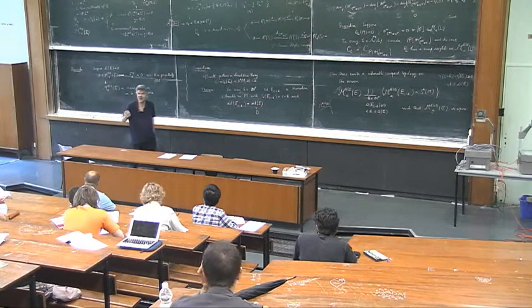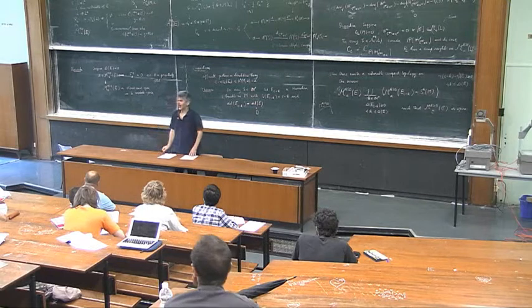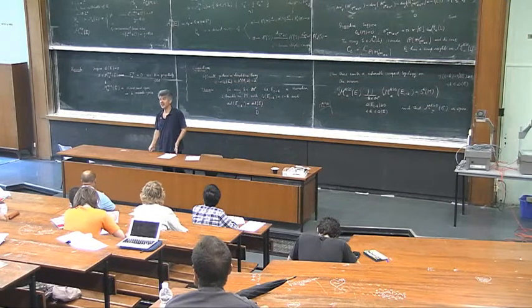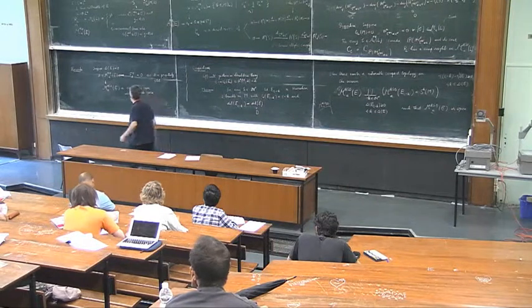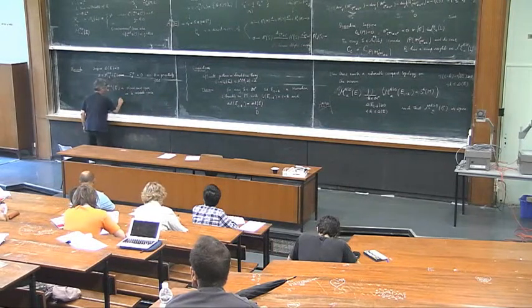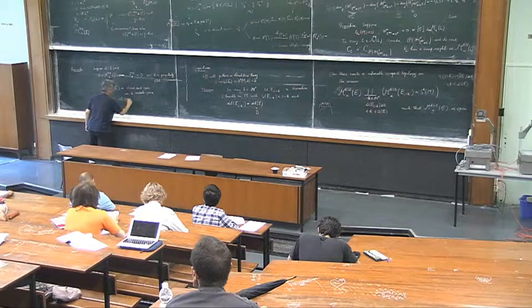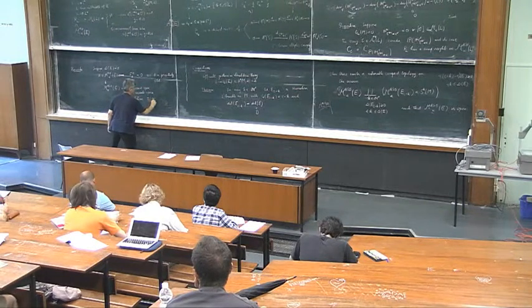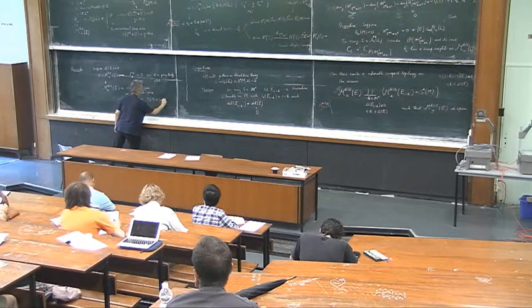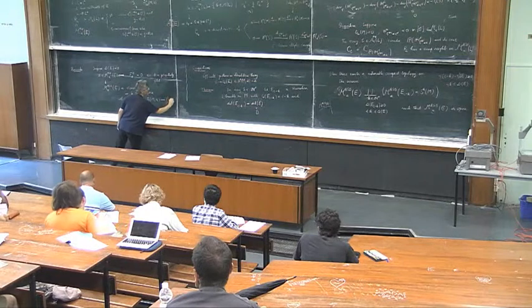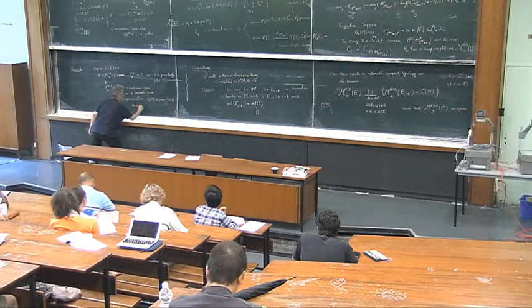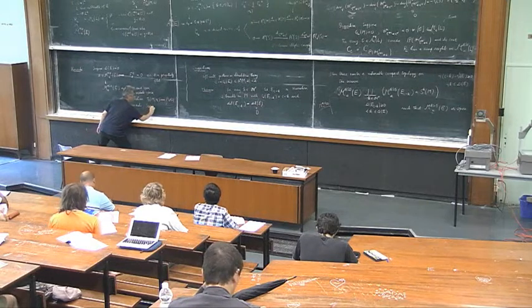Probably many people know about the correspondence between flat connections and representations of the fundamental group: a moduli space of representations from pi1 of M, let's say at a point x0, in PU2 or SO3, modulo SU2 conjugation.